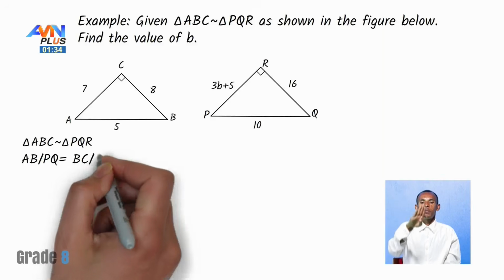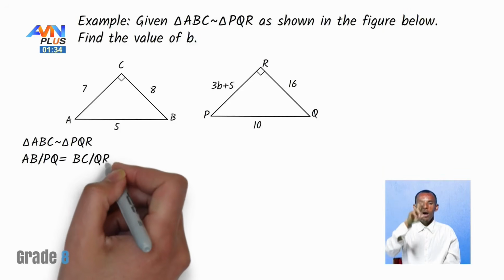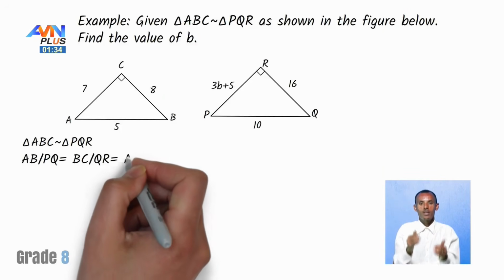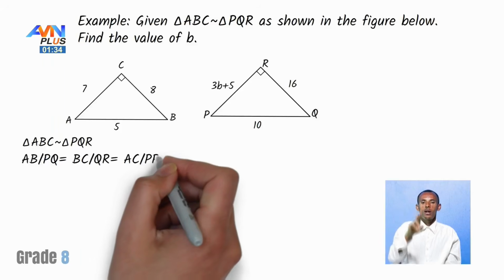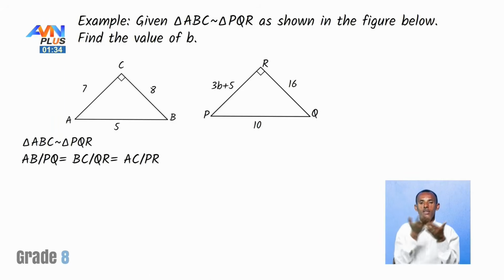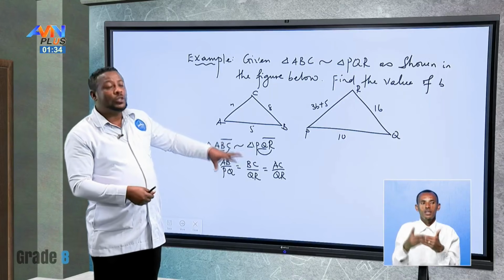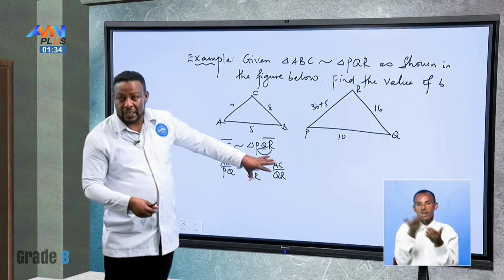And the third proportion is AC over PR. This is the first step that you need to follow. Then next you need to substitute everything in this equation.